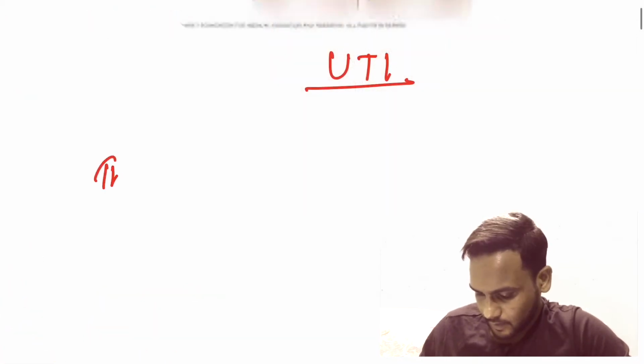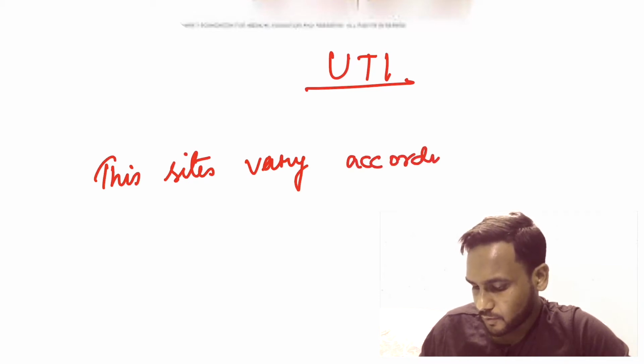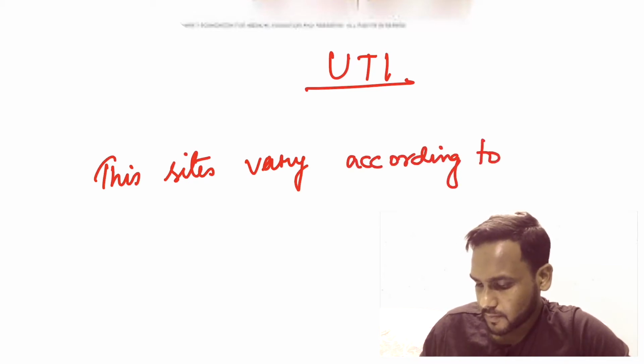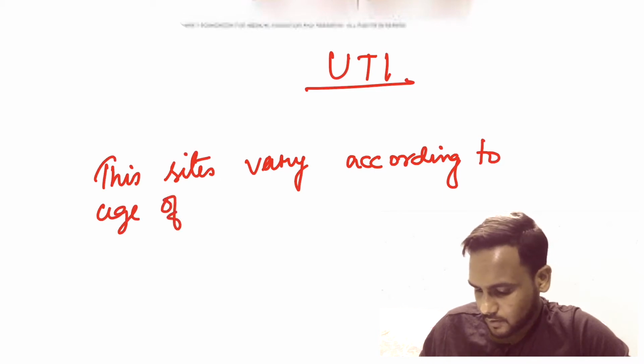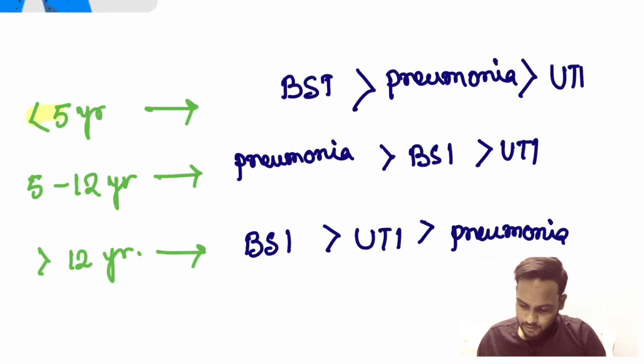Okay, these sites vary according to the age of the children. In a child under 5 years old, bloodstream infections are more common, then comes pneumonia and then UTI.